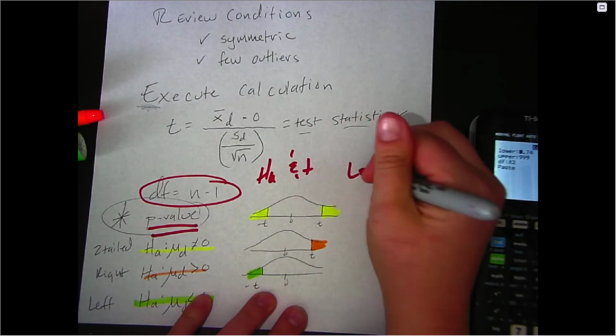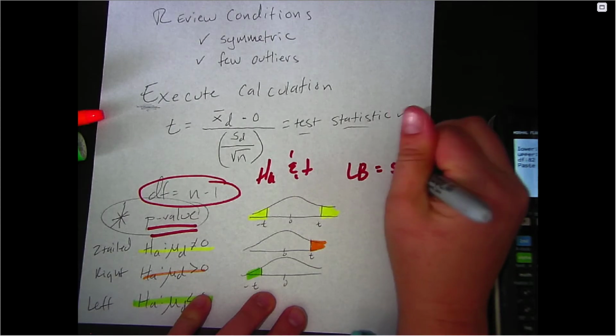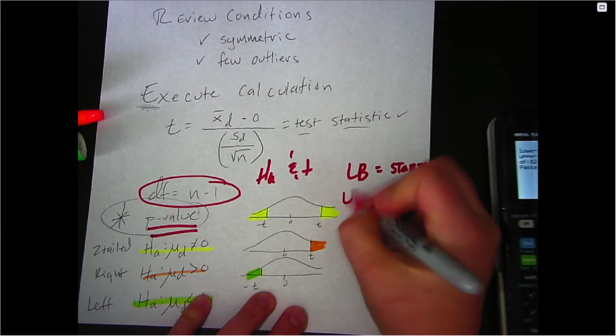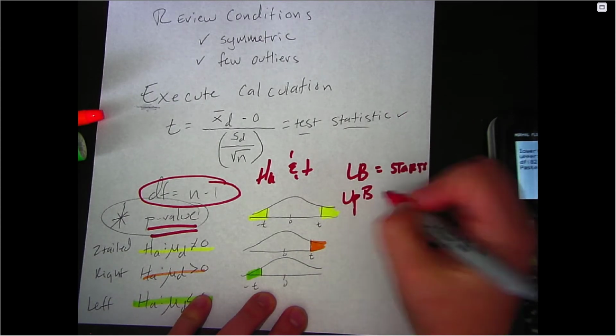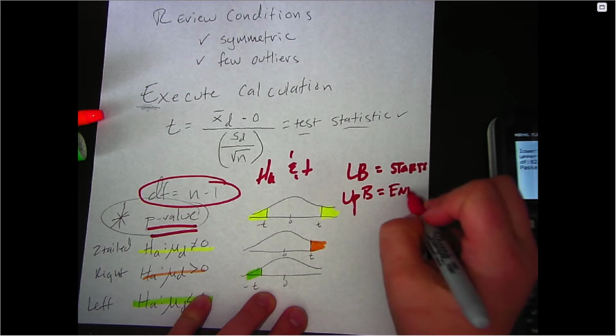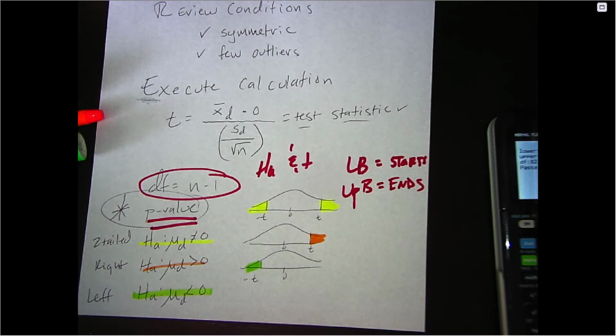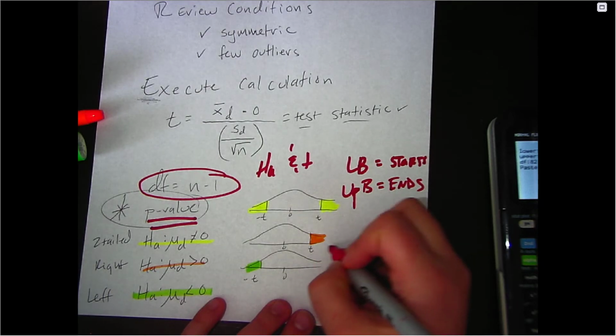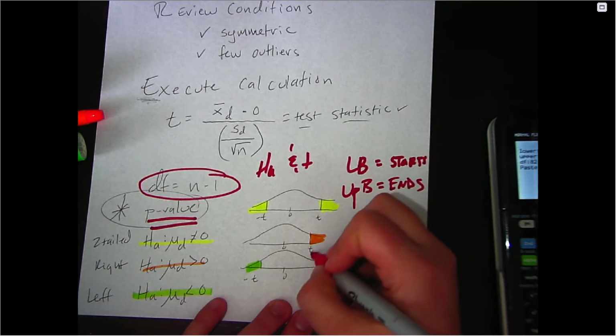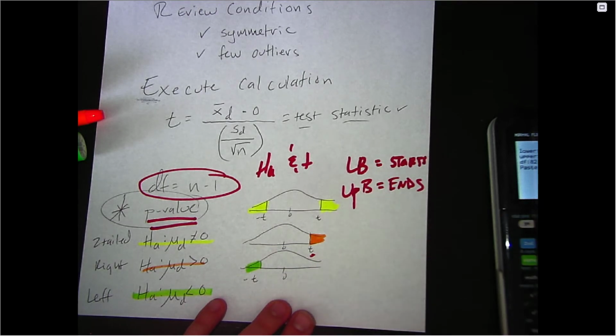The lower bound will always be where the highlighting starts. The upper bound is going to be where the highlighting ends. And then you always need degrees of freedom because it tells you which curve you're dealing with. In this curve, for example, your lower bound would be your test statistic, because that's where the highlighting starts.